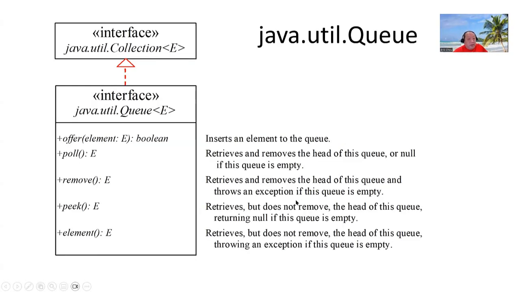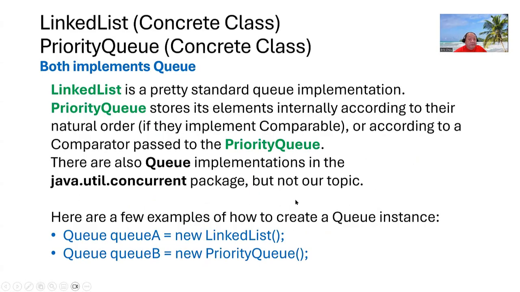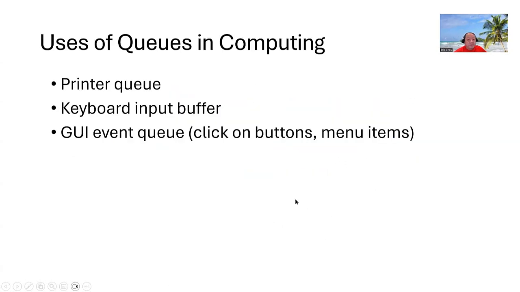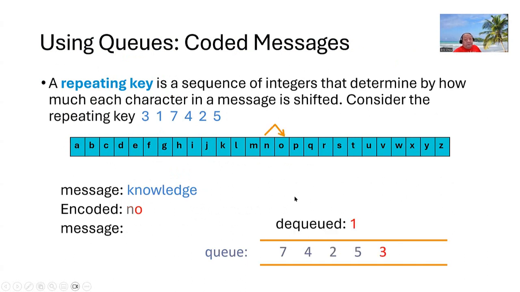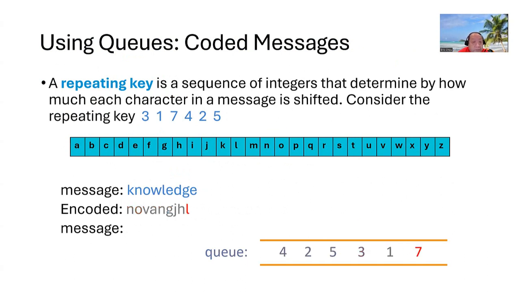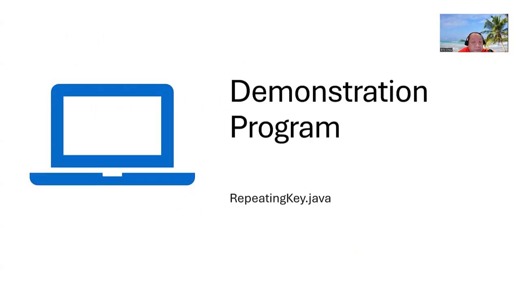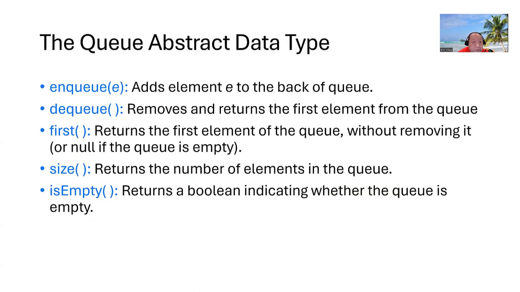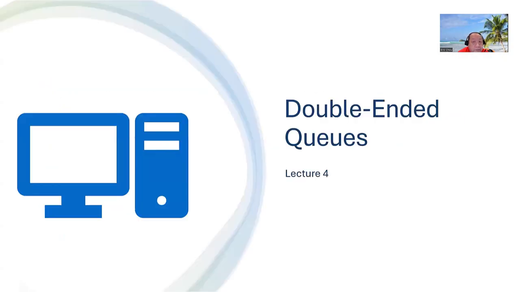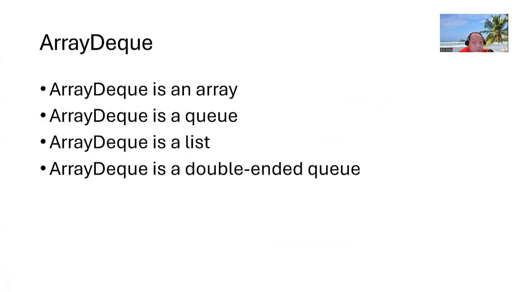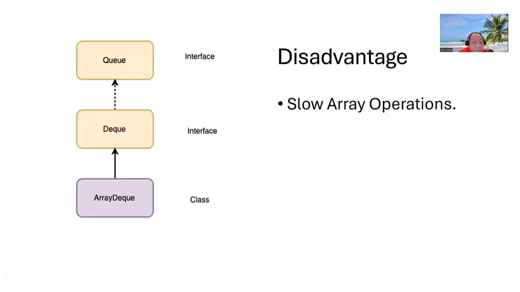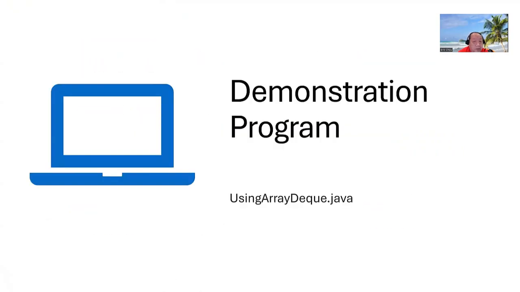Okay, this is queue. Last time we talked about it already. I don't want to waste time on this array DQ.